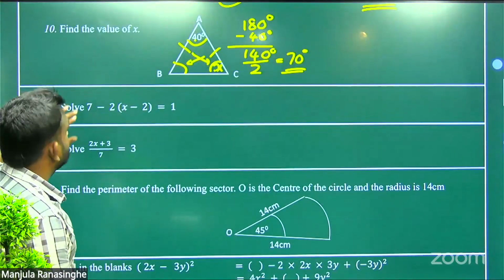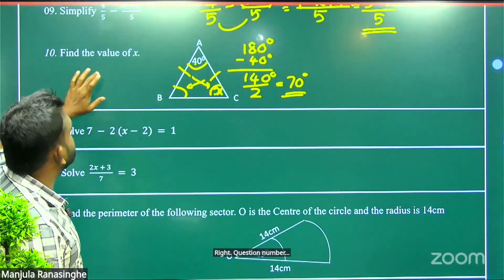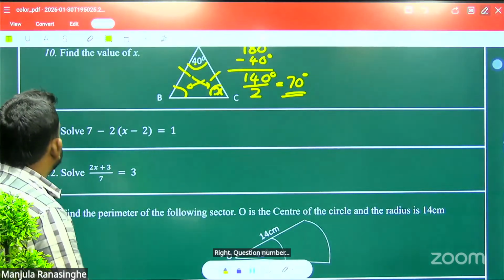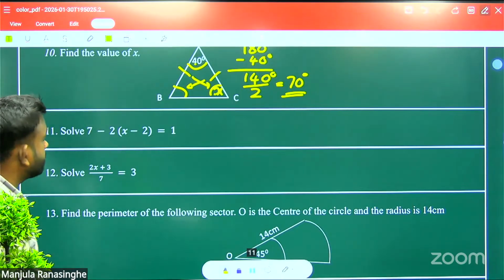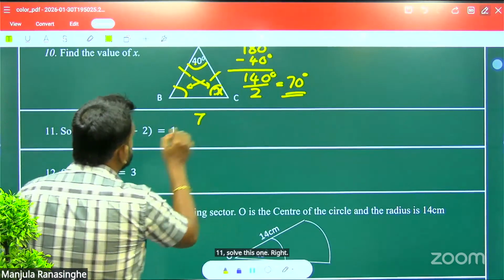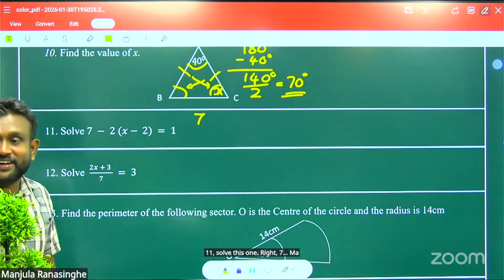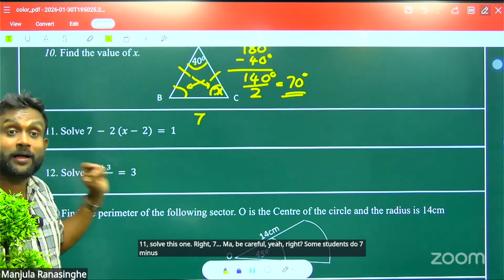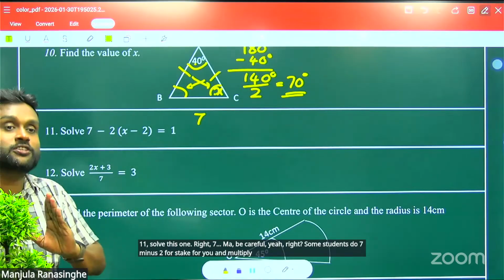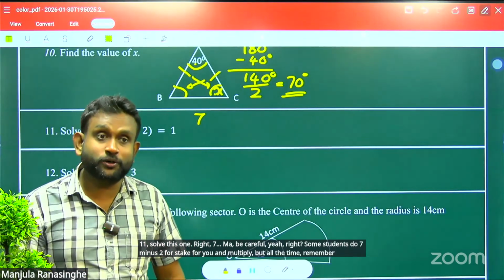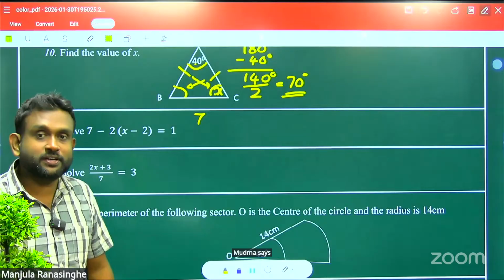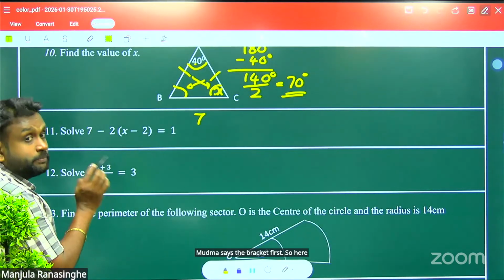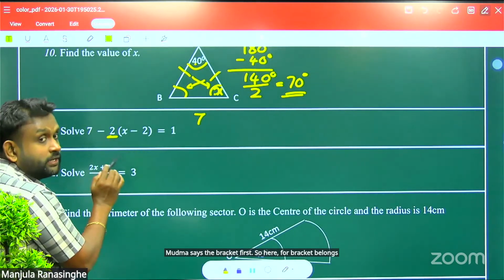Right. Question number 11. Solve this one. Right. 7 minus 2. Be careful, okay? Some students do 7 minus 2 first, take 5 and multiply, but all the time remember the Bodmas rule. Bodmas says the bracket first. So here for bracket belongs is negative 2 only, not 7.